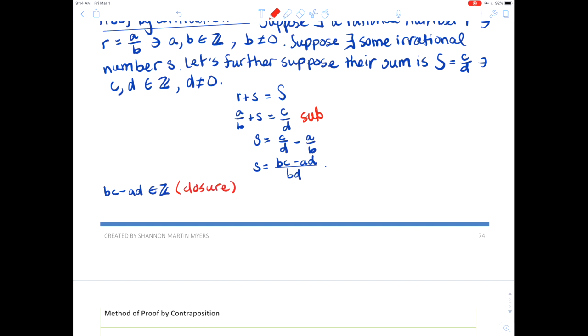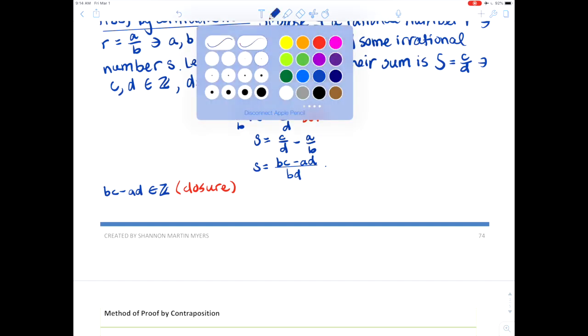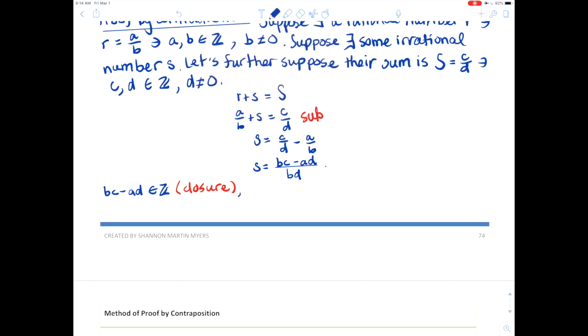When you multiply two integers, you get an integer, and when you subtract two integers, you get an integer. And what else do we know? BD belongs to the integers, again, by closure.